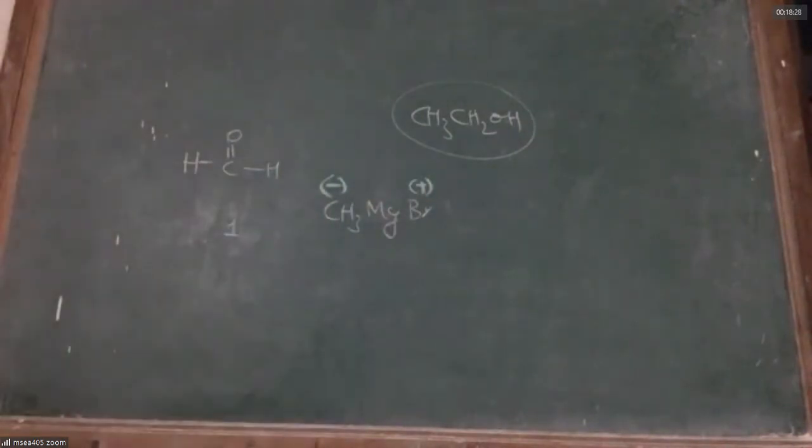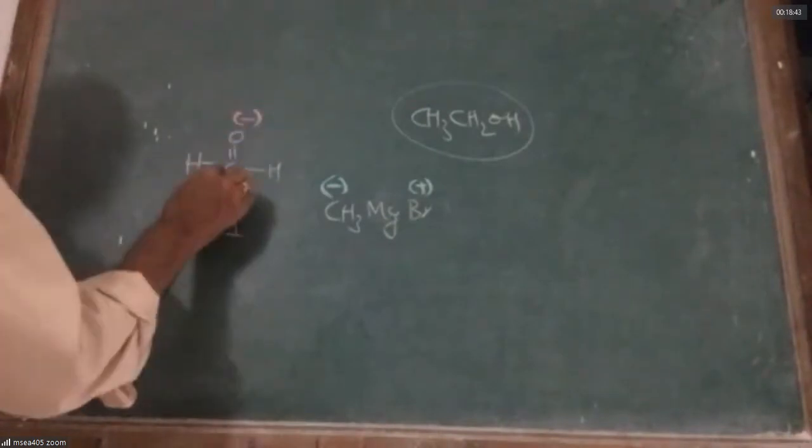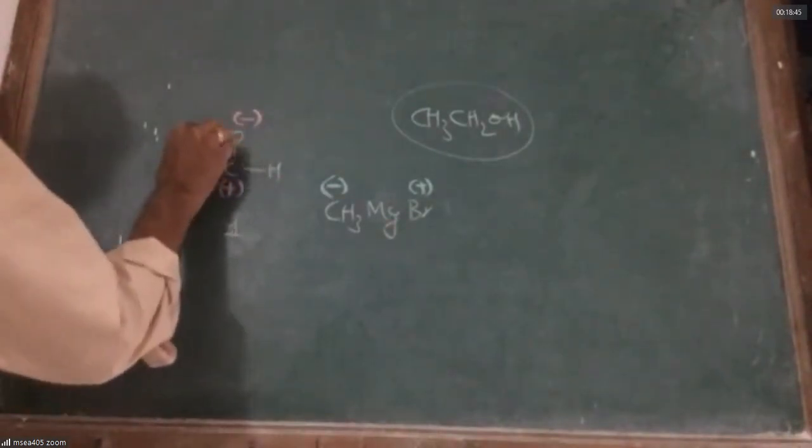In the aldehyde, the oxygen gets a minus charge and the carbon gets a plus charge because oxygen takes the pi electrons.